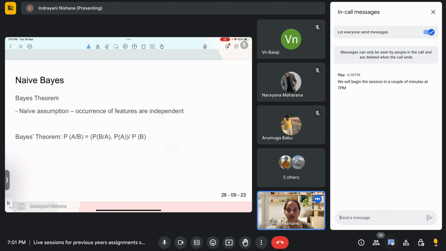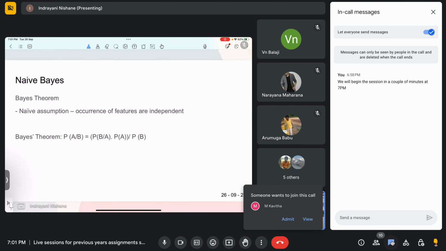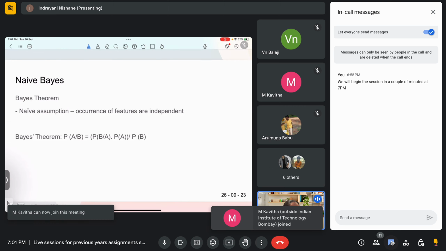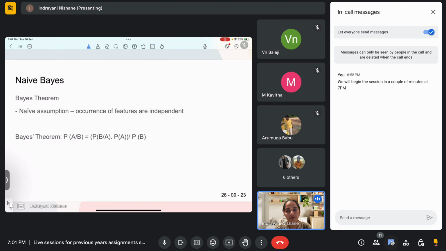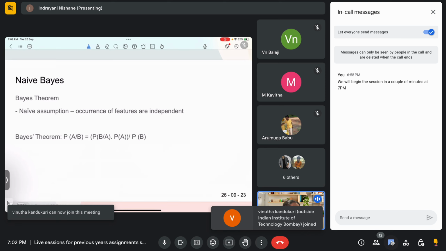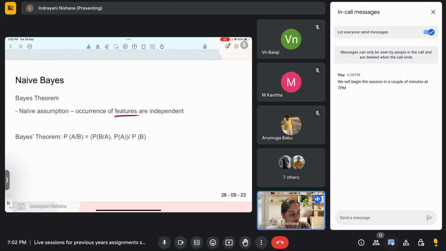So if you have watched, then you would already know about the naive assumption, why the naive Bayes classifier is called naive. Naive, as in very simple: we are simplifying the complications by assuming that the features are independent of each other. When we say features, we mean the features generated based on our learners' log data.